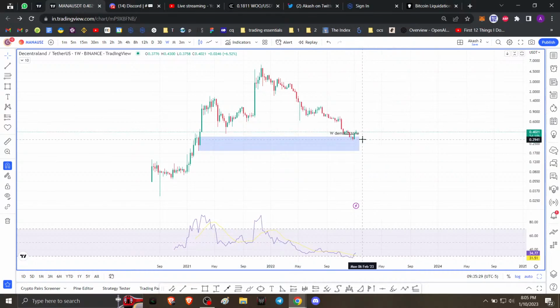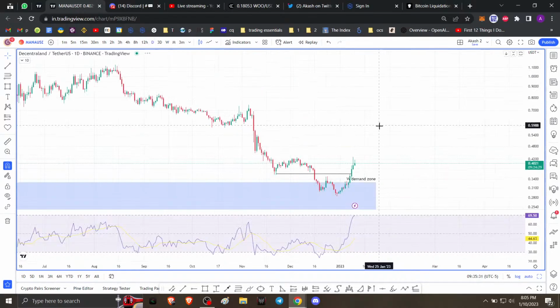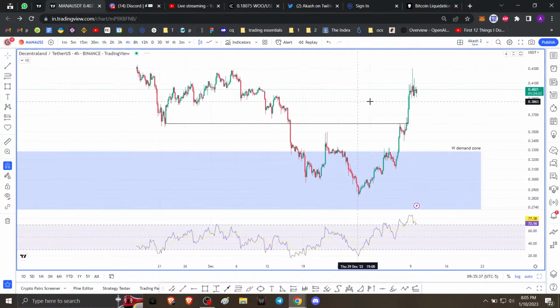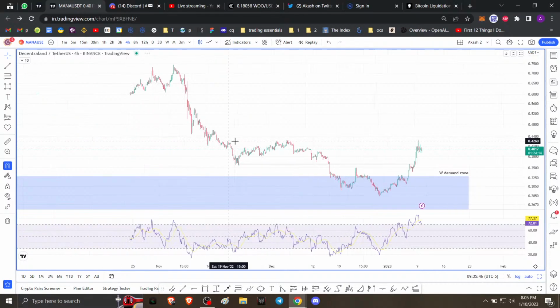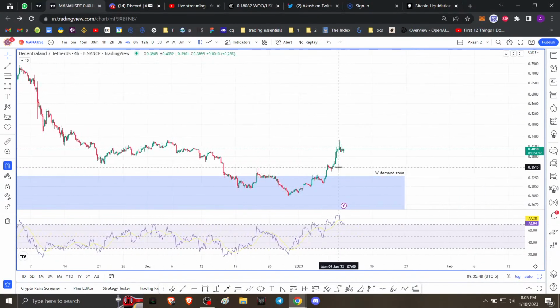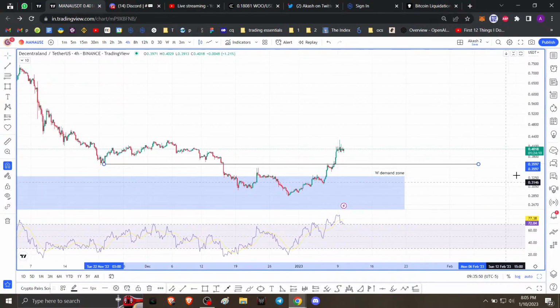Yeah, so at least expect a retracement down to 0.3597, 3.36 basically.